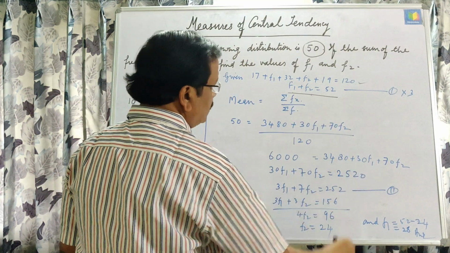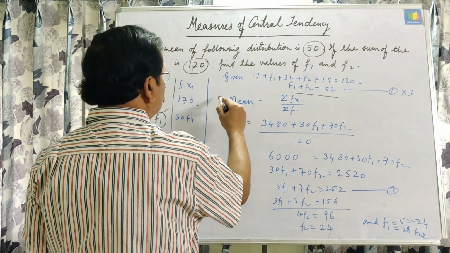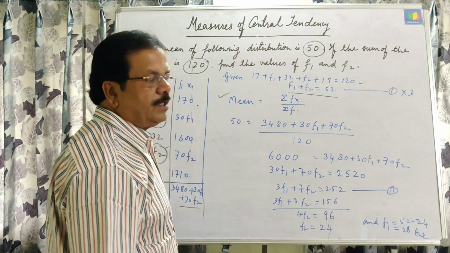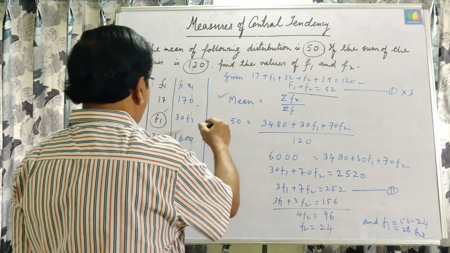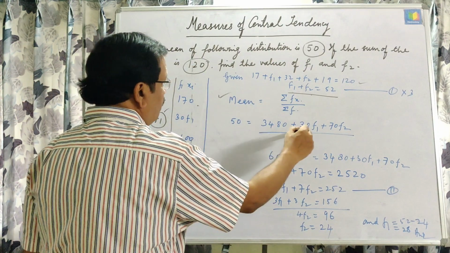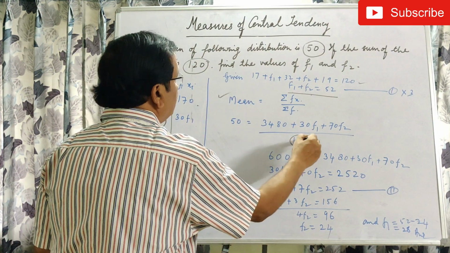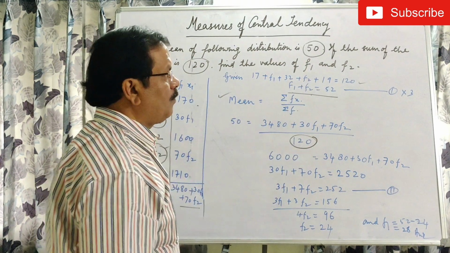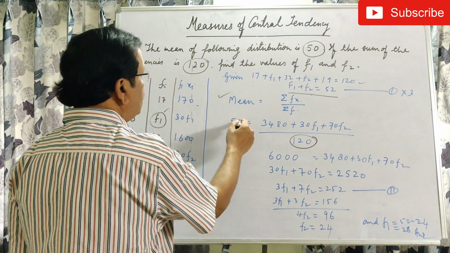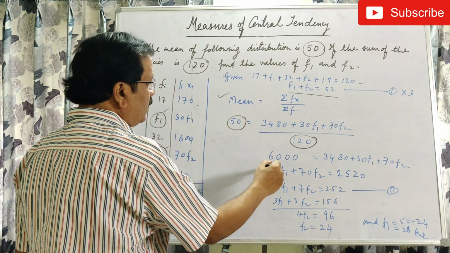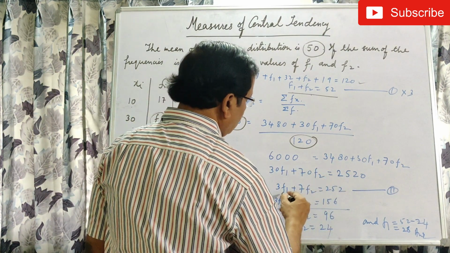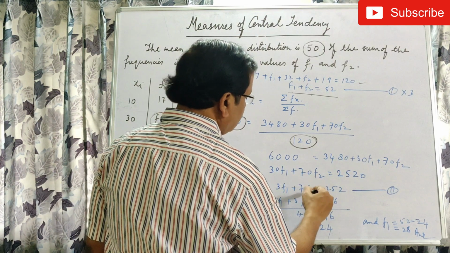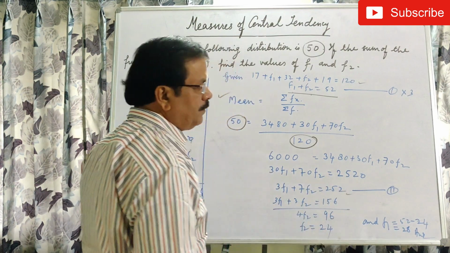For the second equation, we use the formula mean is equal to sigma fx upon sigma f, and then writing this value, sigma fx upon sigma f, with 120 the summation of all frequencies, and the mean is also given. By cross multiplying and then transposing we get another equation, that is 3f1 plus 7f2 is equal to 252.